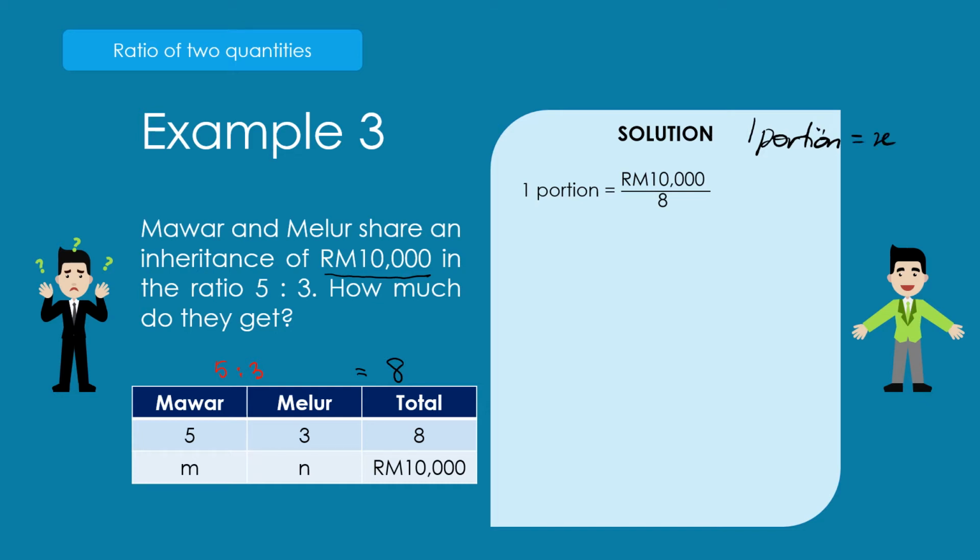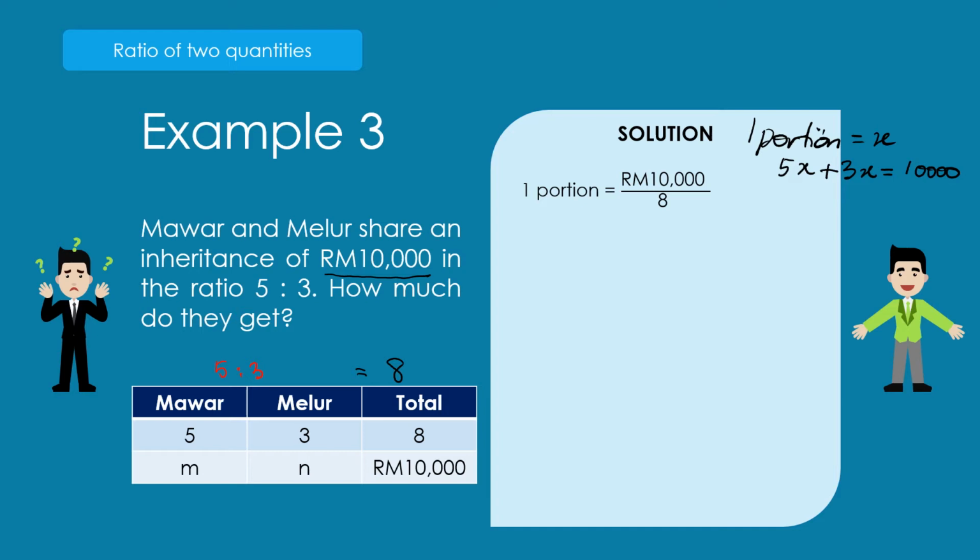So 5x, which is 5 for Mawar times x, plus 3x is equal to 10,000. We have to find x in order to find the amount of money that Mawar and Melo get.